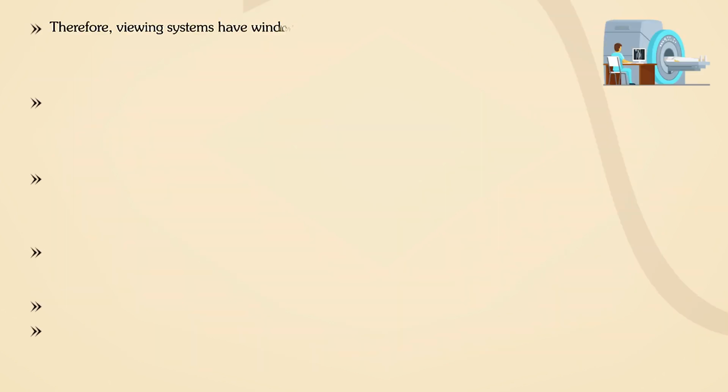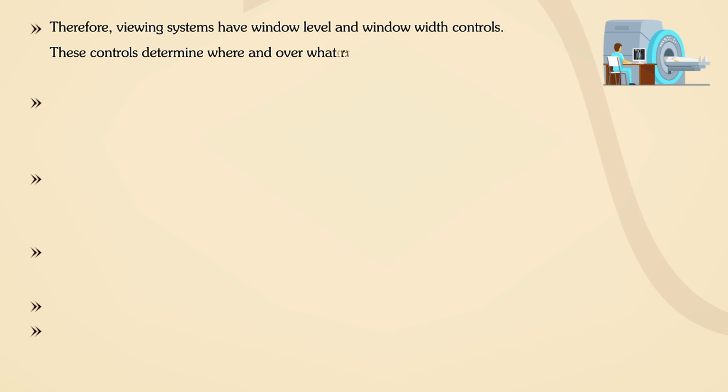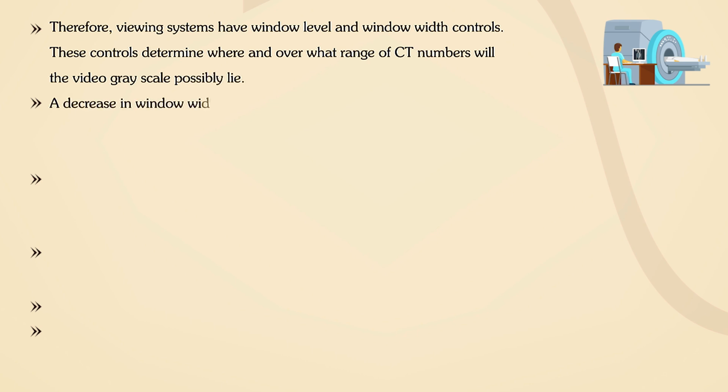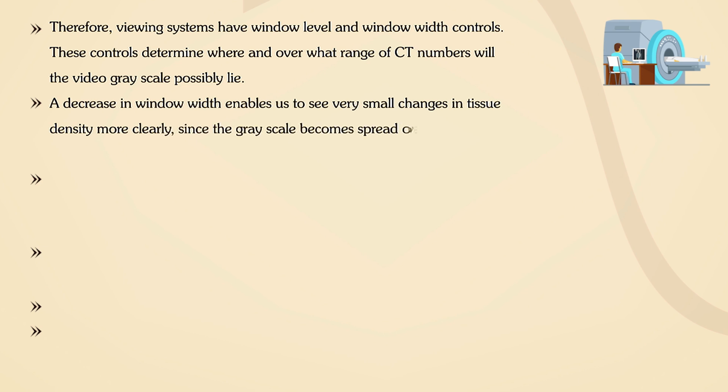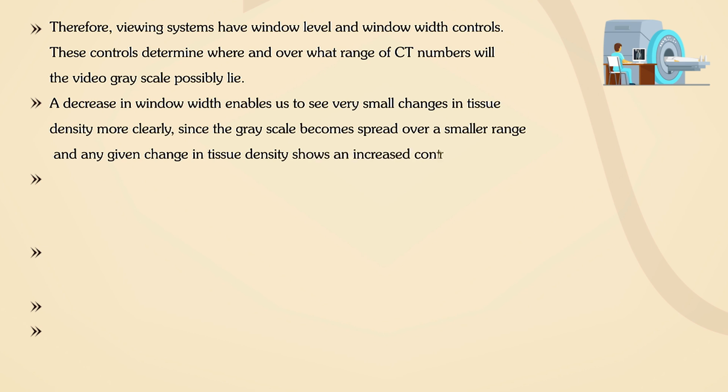Therefore, viewing systems have window level and window width controls. These controls determine where and over what range of CT numbers the video grayscale will lie. A decrease in window width enables us to see very small changes in tissue density more clearly, since the grayscale becomes spread over a smaller range and any given change in the tissue density shows an increased contrast.